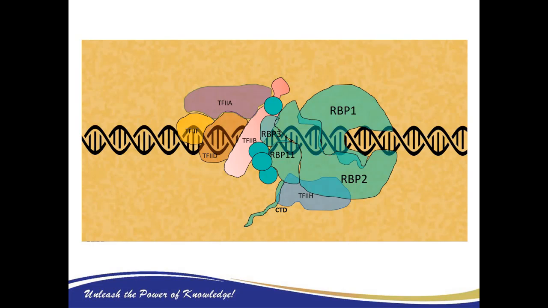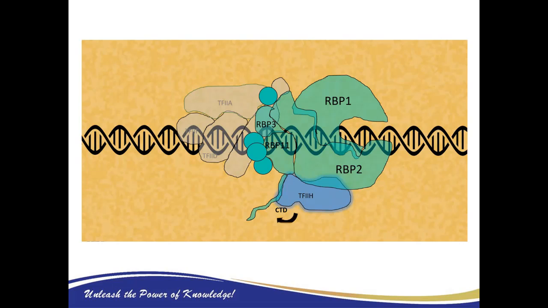So we know in case of eukaryotes, there are basal transcription factors like the TF2 families. All these TF2 families bind the promoter and help to recruit the eukaryotic RNA polymerase. One component of this initiation complex for transcription is transcription factor 2H, or TF2H, which phosphorylates the C-terminal domain of the RNA pol 2.